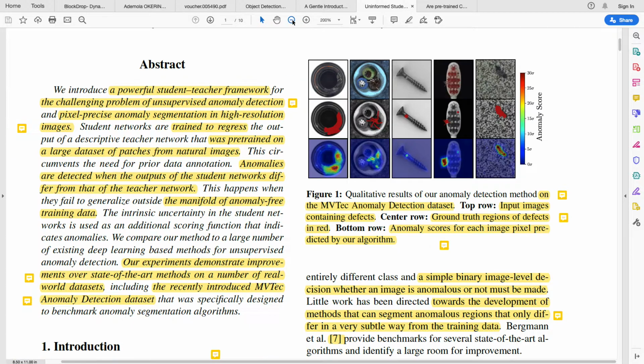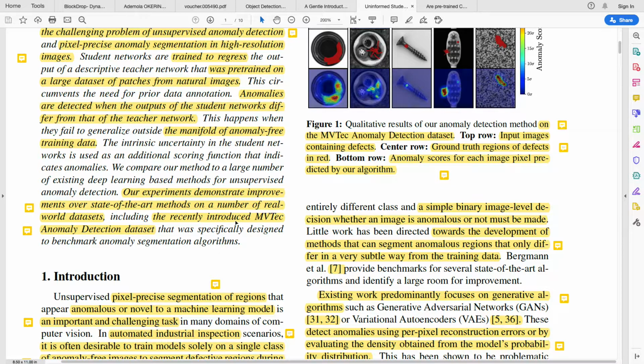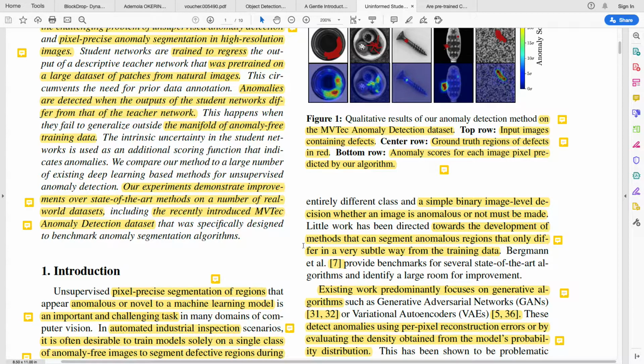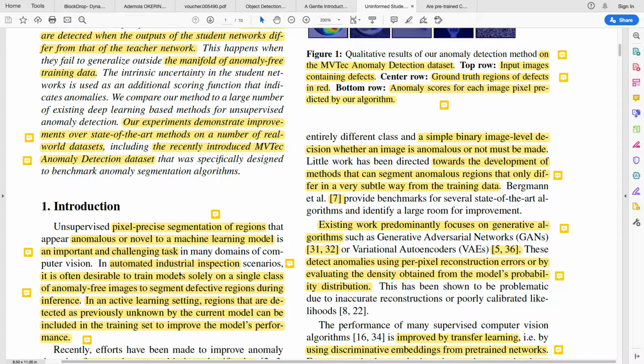Alright, so this problem is very important in the industry where you want to do a lot of automation to inspect where there is a lot of manufacturing taking place, and oftentimes you usually have a small percentage of the product coming as anomaly.